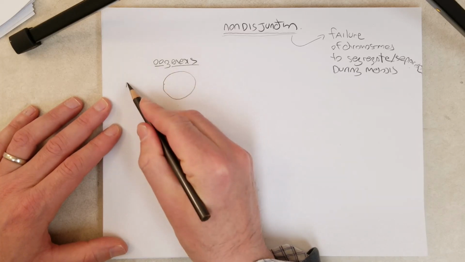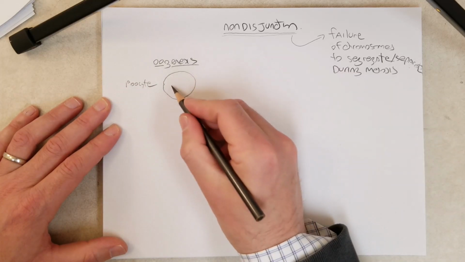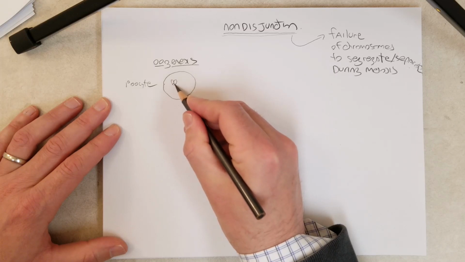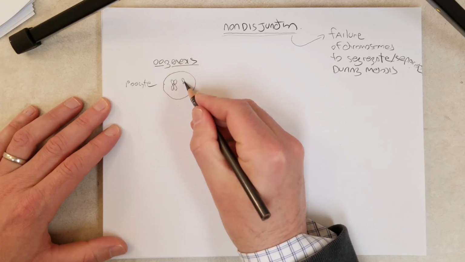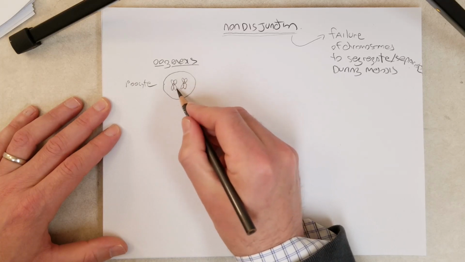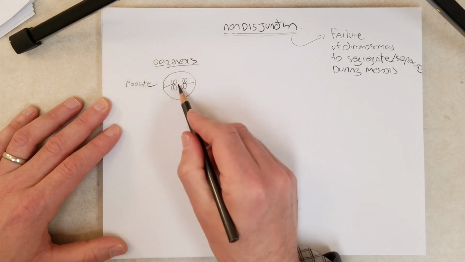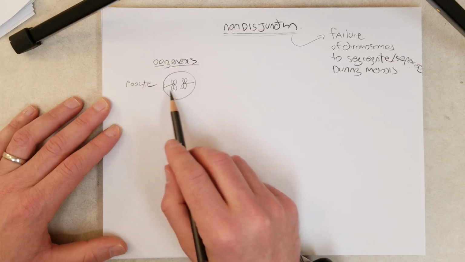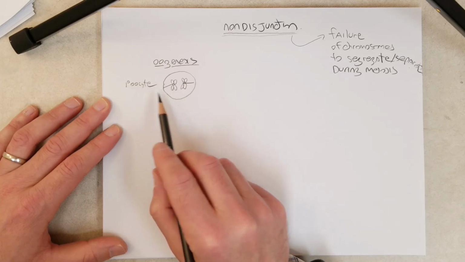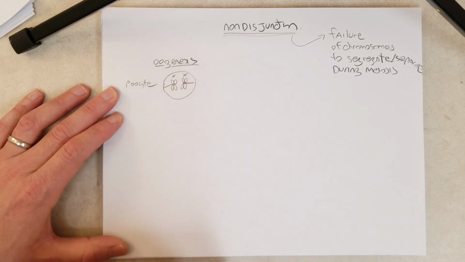So let's take the primary oocyte here. And during oogenesis, there will be 2 X chromosomes, if we're talking about human females. I should have diagrammed these closer together. So these typically separate during the first meiosis. So this is the primary oocyte that goes through the first meiosis. That's an X chromosome, that's an X chromosome.